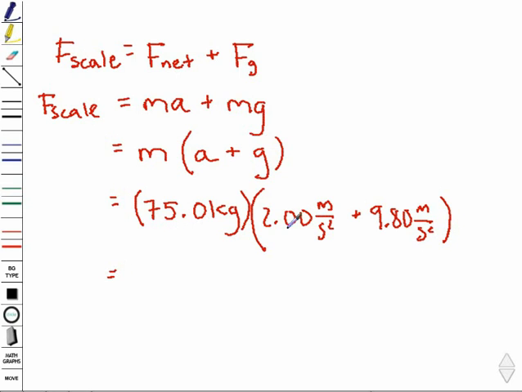When you add together 2 and 9.80 and then multiply by 75 kilograms, you get a force of 885 newtons, and this is the force of our scale in the upward direction.